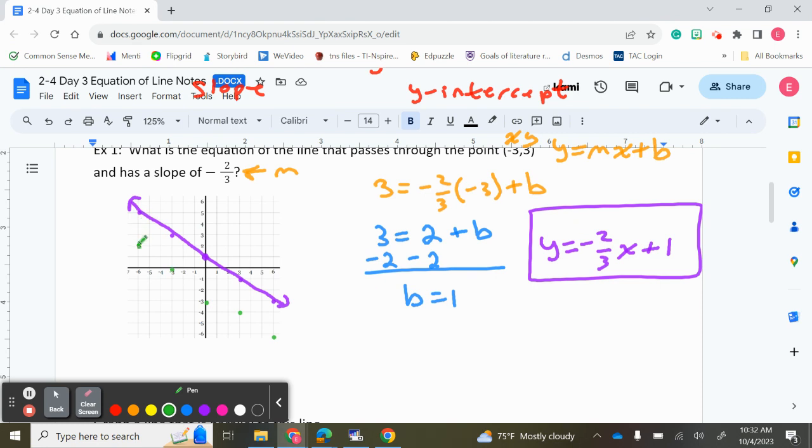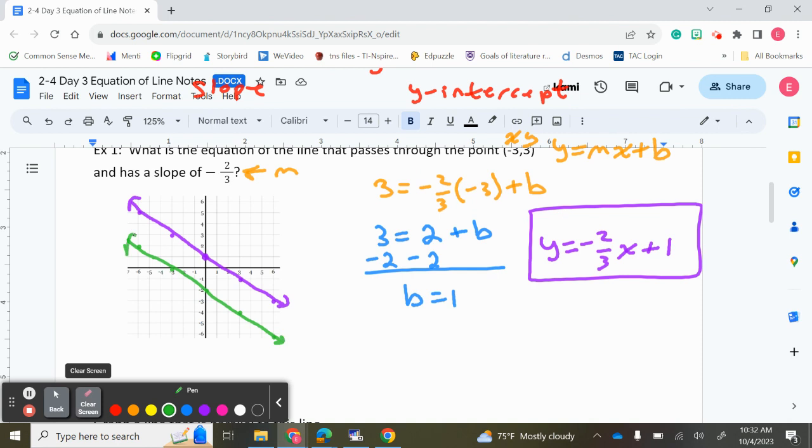So here, whoa, did I make a mistake? Oh, I went 4 for this one. That's my issue. There we go. That's better. And I'm just going to draw this line.